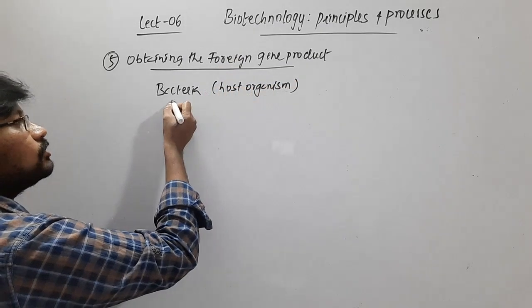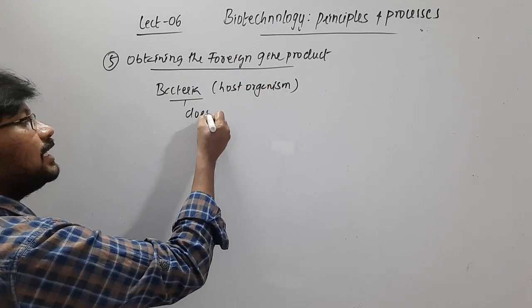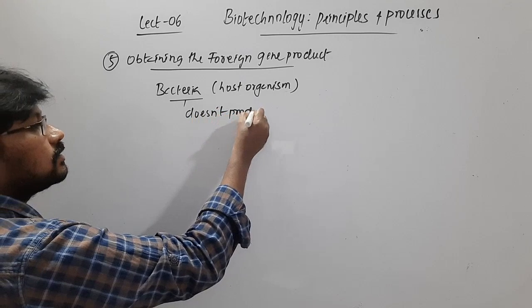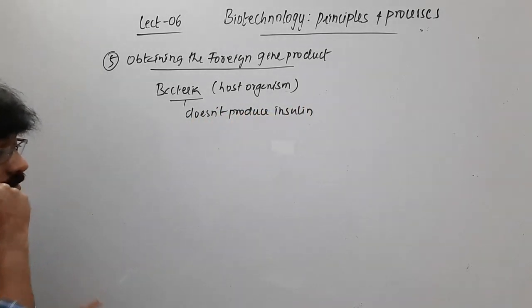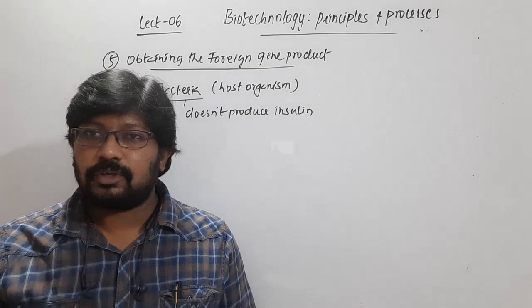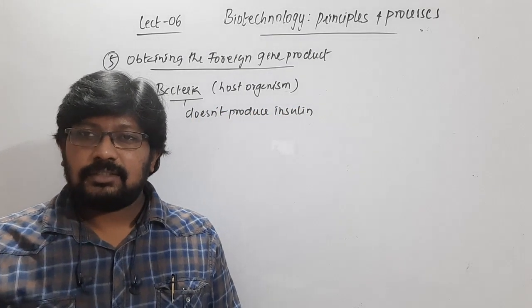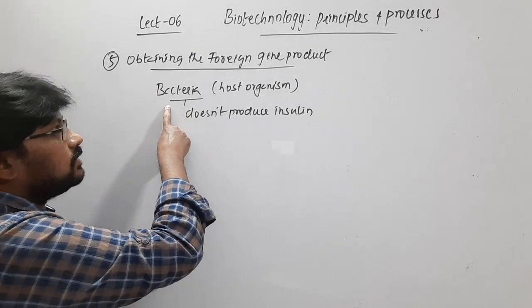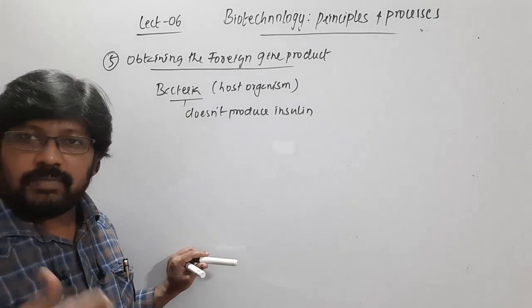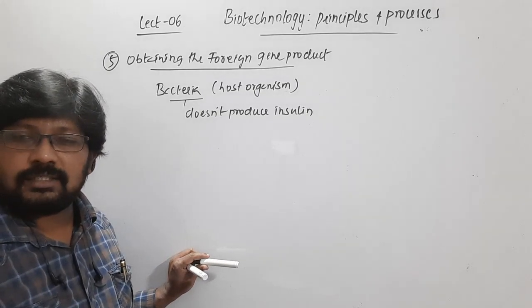This host organism doesn't produce insulin. So bacteria don't produce insulin. In humans we produce insulin, and that gene which produces insulin I have now introduced into the bacteria, making this bacteria produce that insulin.